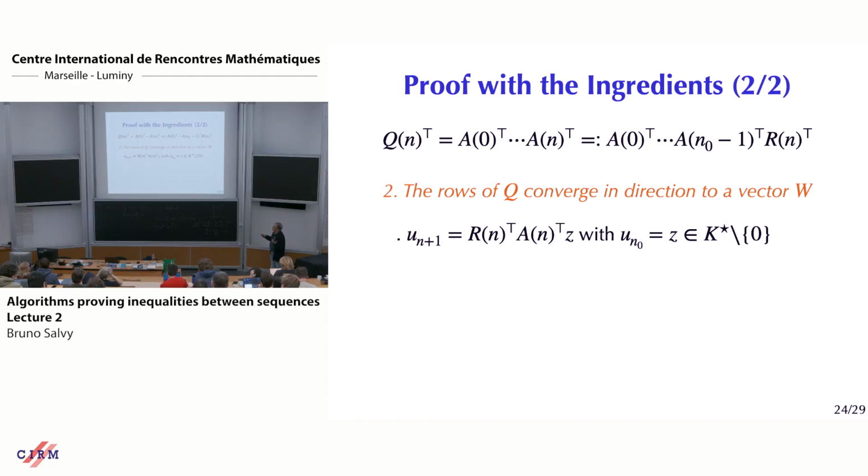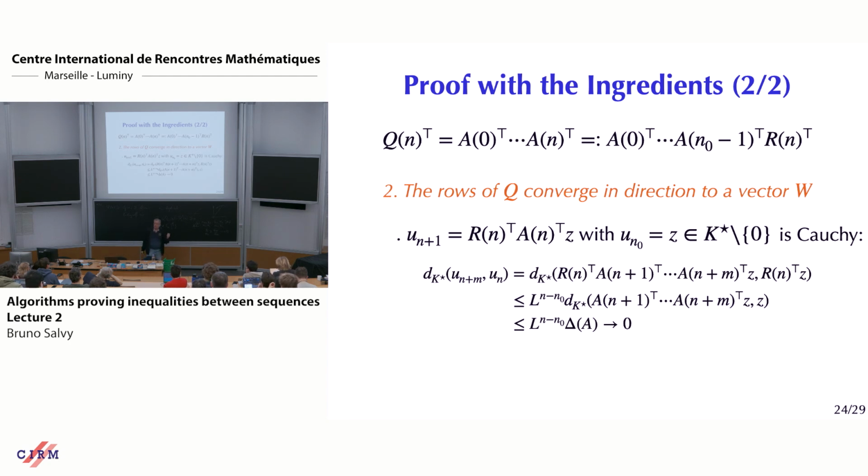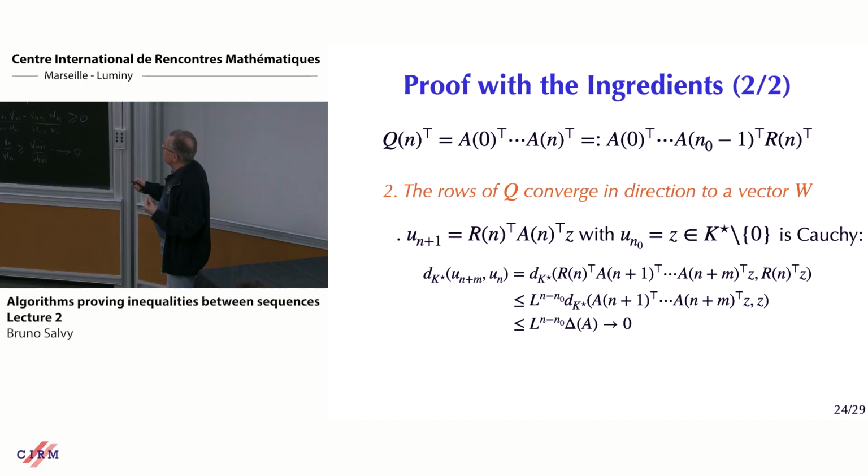So we start with the U_{N0} inside the dual. And what will we do? This is something that I've never used in my life before. We're going to prove that it's a Cauchy sequence. So you look at the distance of U_{n+m} to U_n.